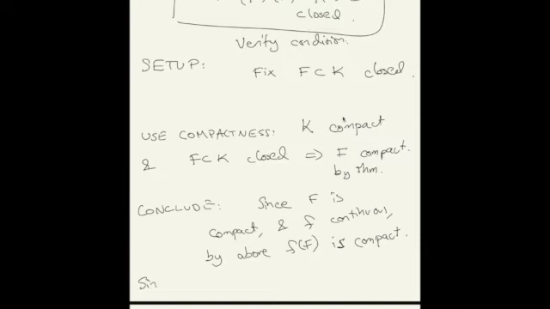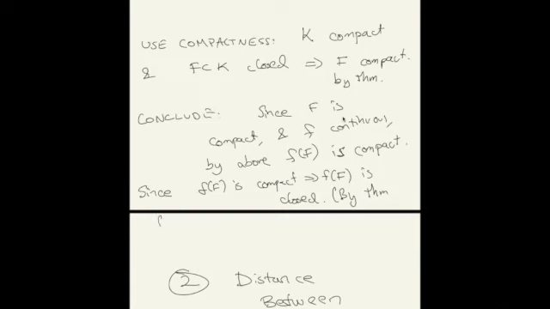So since f of K is compact, then f of capital F is also closed, by a theorem from last week. And that ends that proof.